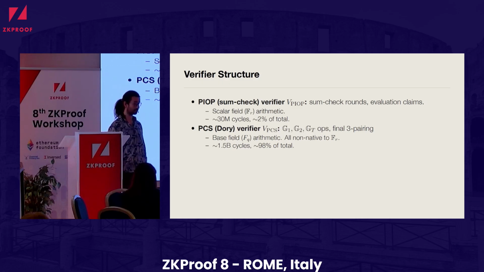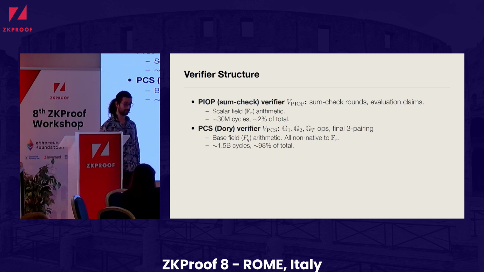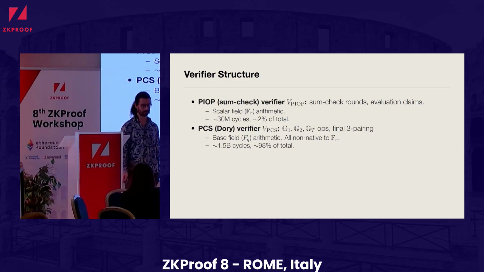In the case of Jolt, this turns out to be around 30 million cycles, which is about 2% of the total computation of the verifier. On the other side, there is a part of the verifier that operates on Dory, the PCS of the SNARK, and those are group operations and pairing operations.